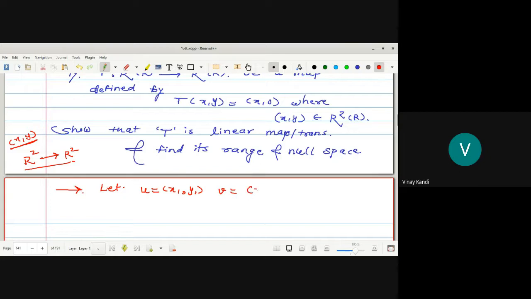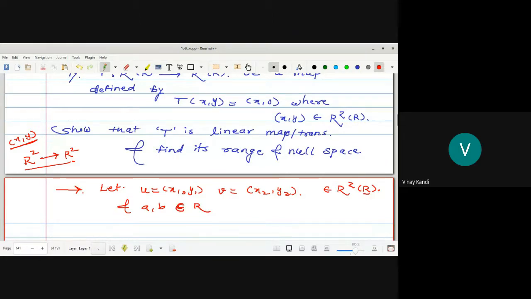These are two elements belonging to R2 over R. And take a and b, two scalars belonging to R.